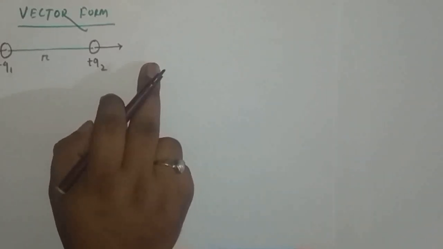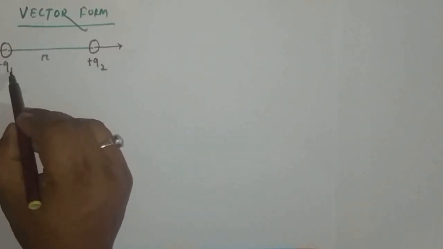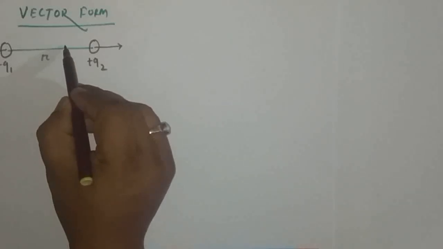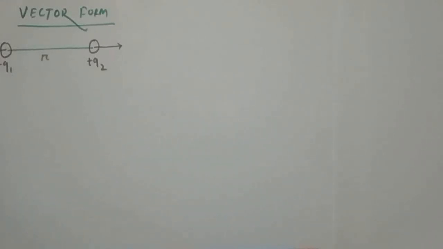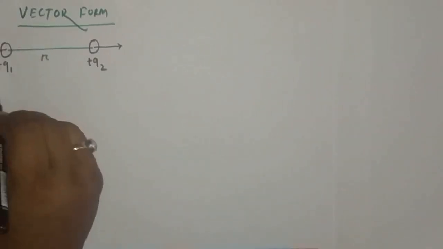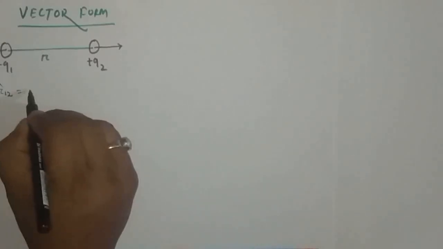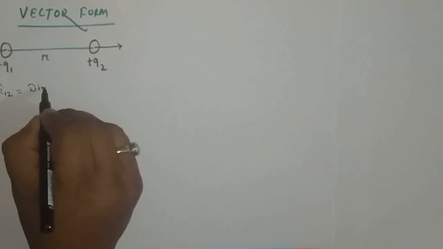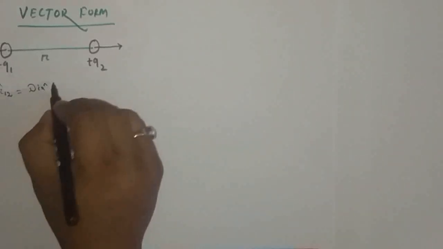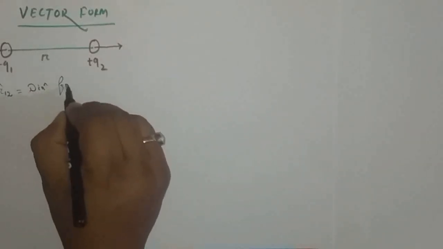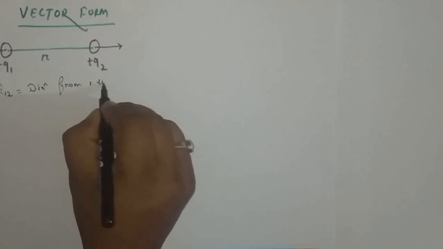Let us think it properly. Direction 1 to 2. So what is the direction? Let us go for some vector concepts. Let me tell you. R1 2 cap means direction, unit vector direction from 1 to 2.